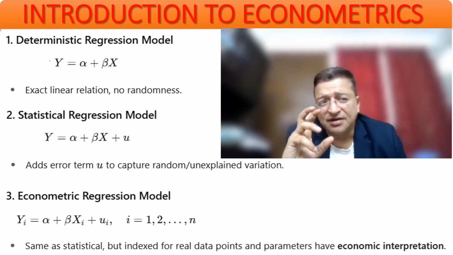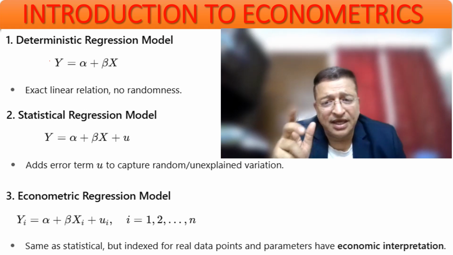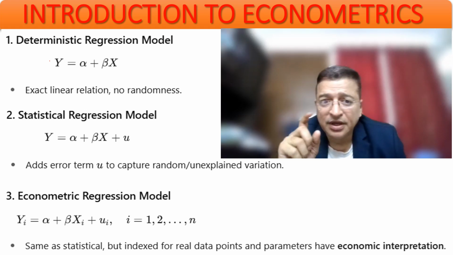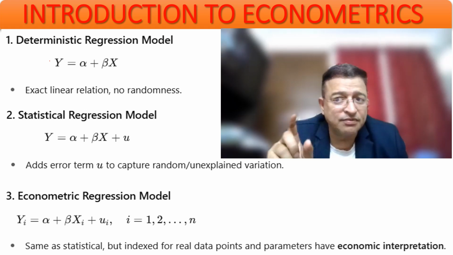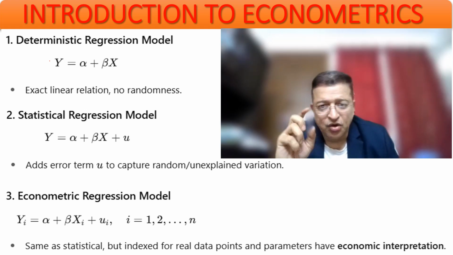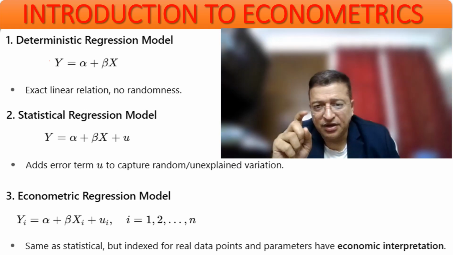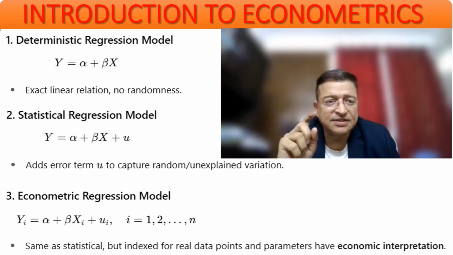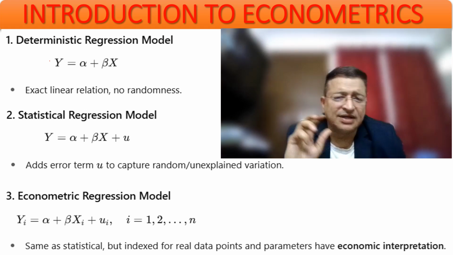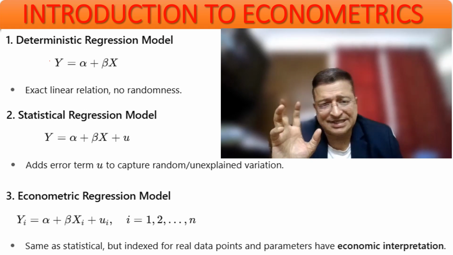Keynes once said that as people earn more, they consume more. Suppose we assume this relationship is perfect with no deviation at all. For every extra rupee of income, a person spends exactly 80 paisa on consumption with no exception.